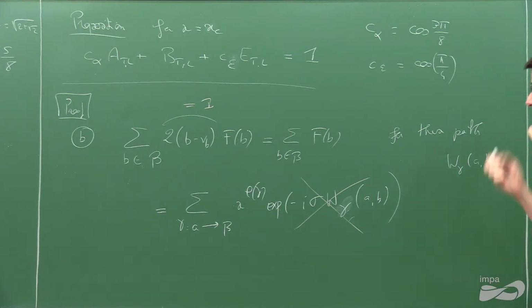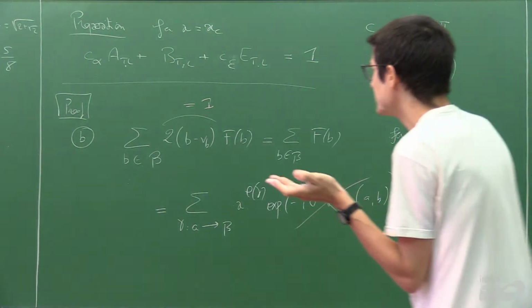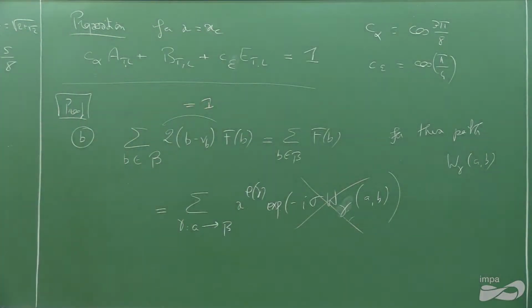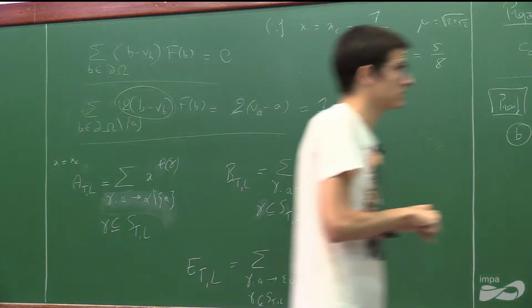So in the other cases, what we have to figure out is the value of B minus VB and the value of the winding numbers. Okay, so let's start with A.